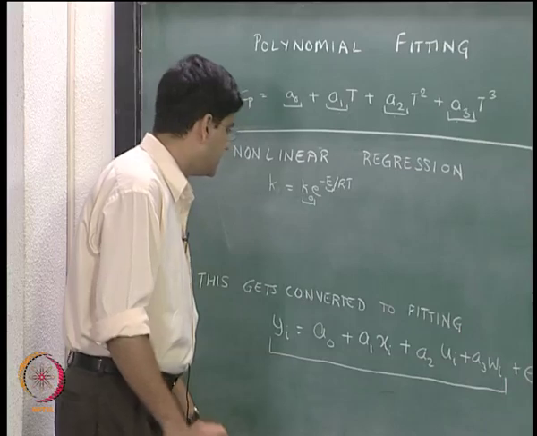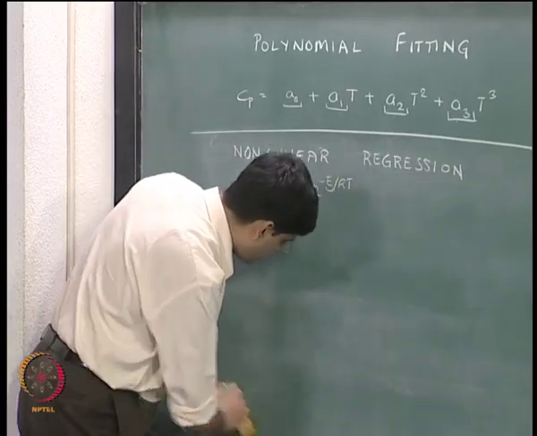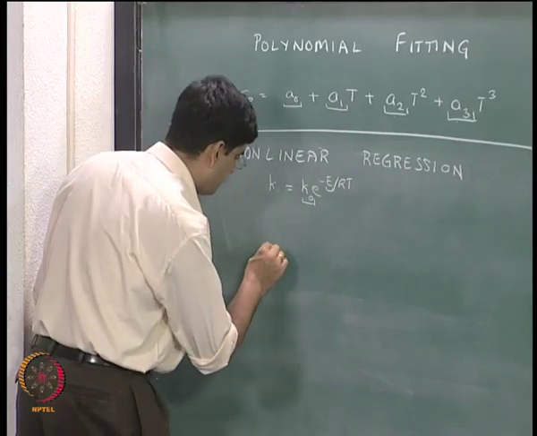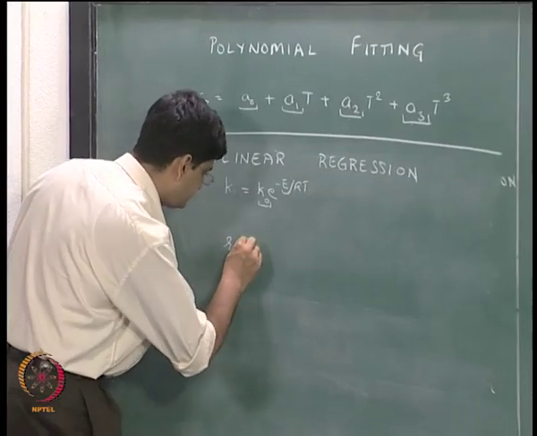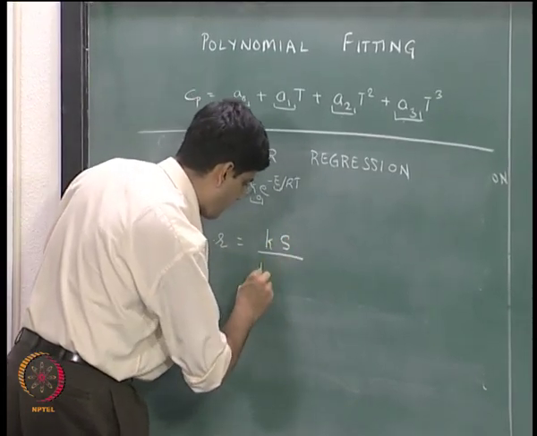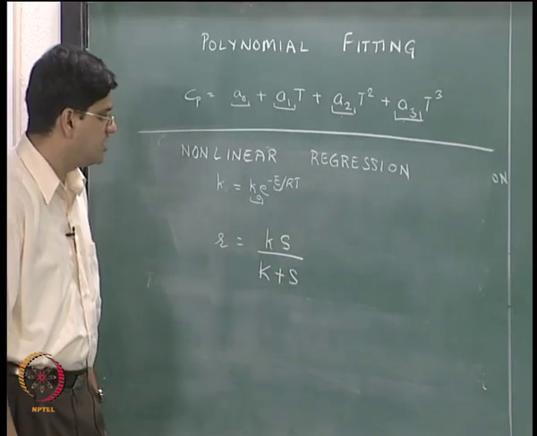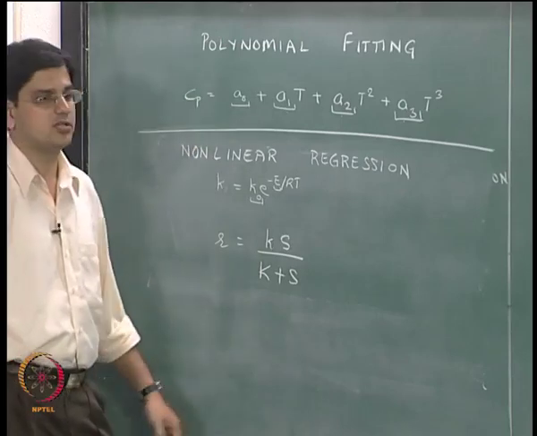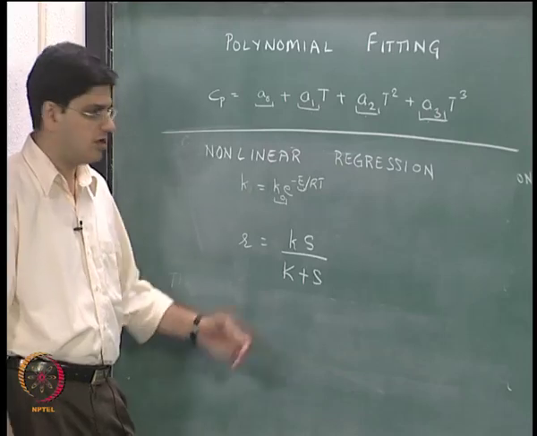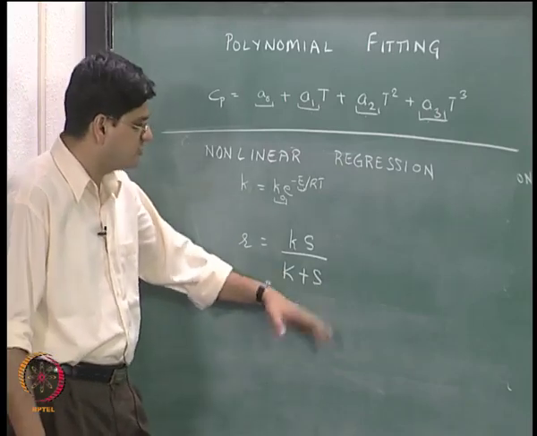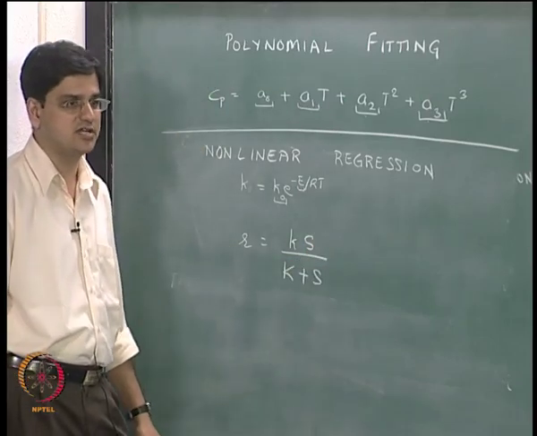The other example was a saturation type of example where we saw R equal to Ks divided by K plus S. In this particular equation, we had a form which can be converted into a linear form by doing certain transformations.